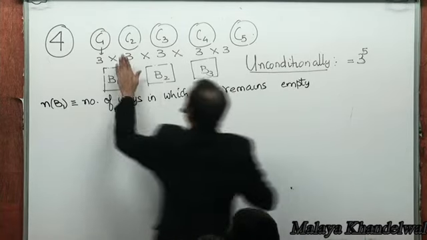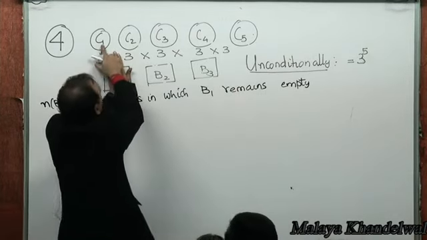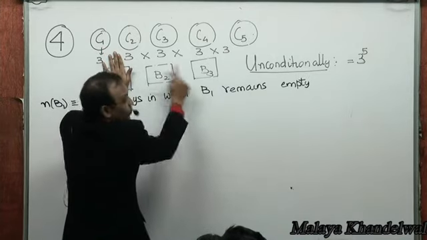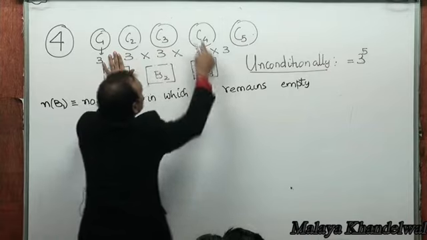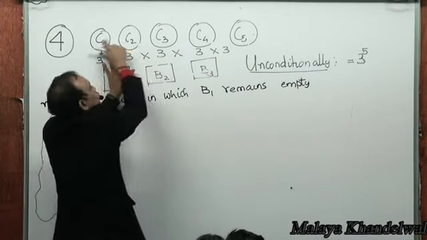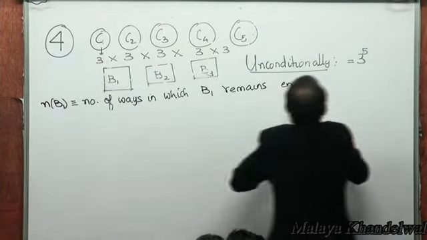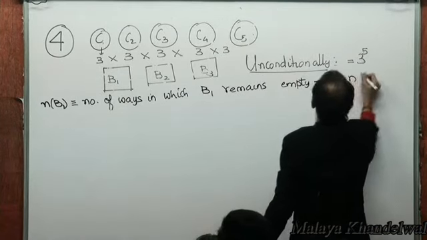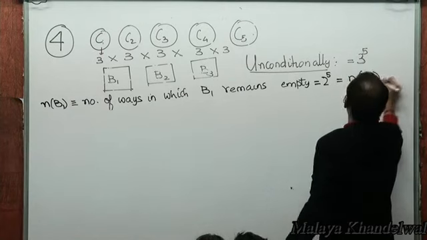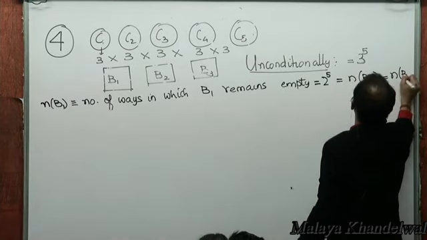That means B1 is excluded. So each of these balls could be arranged in 2 ways, in B2 or B3, C2 in 2 ways, C3 in 2 ways, C4 in 2 ways, C5 in 2 ways. So 2 into 2 into 2 into 2 into 2, that makes it 2 to the power 5. And is that also not equal to the number of ways in which B2 remains empty? Is that not equal to the number of ways in which B3 remains empty?